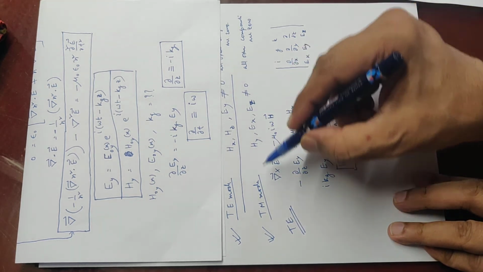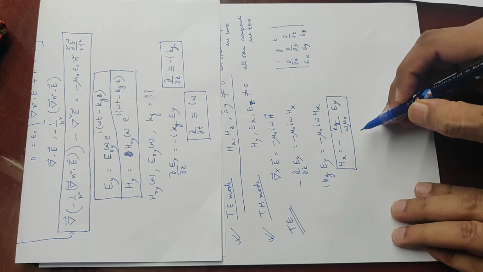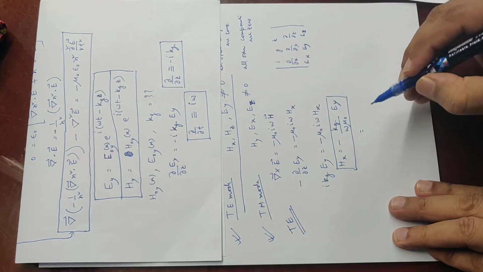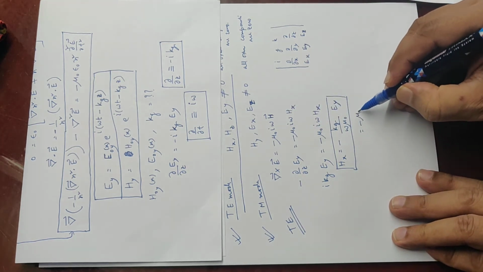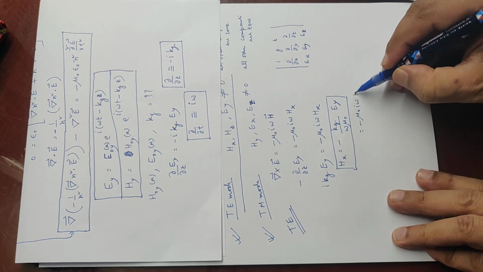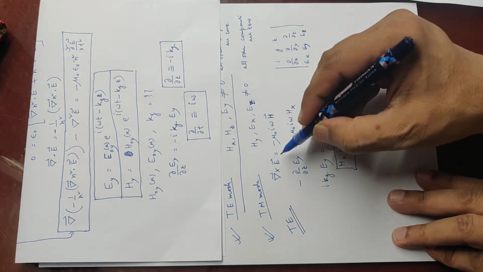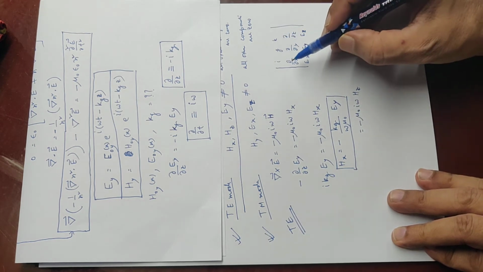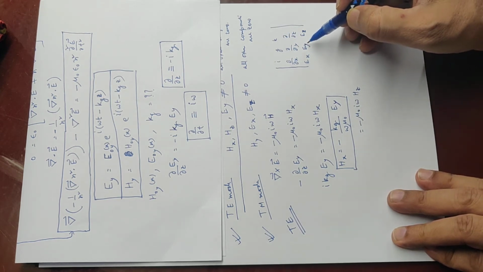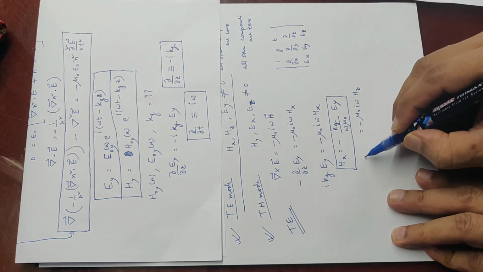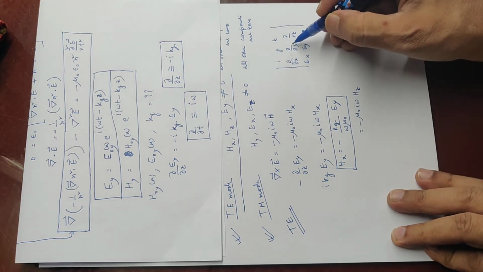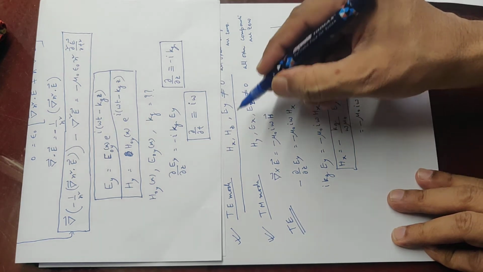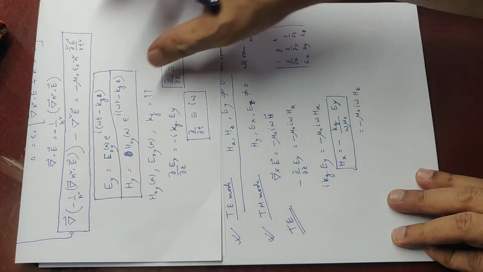Now the z component of the same equation. The right hand side would be minus mu naught i omega Hz. What would be the z component of the curl? It would be d by dx of Ey minus d by dy of Ex, but Ex doesn't exist for TE mode.